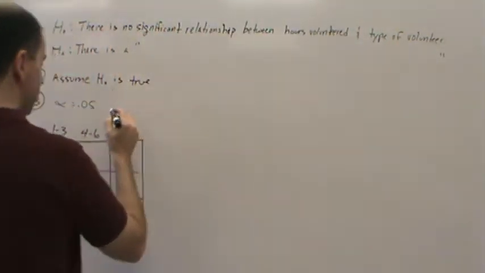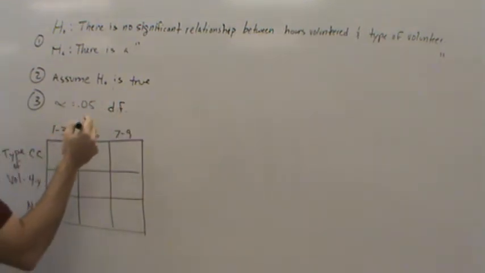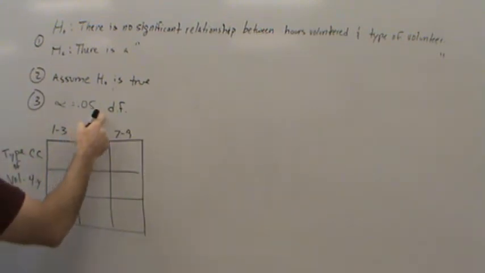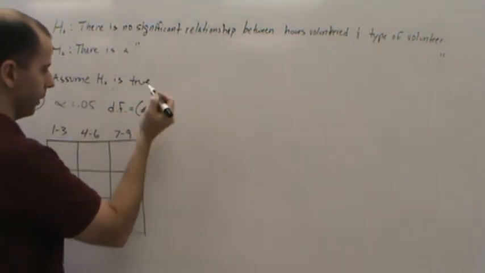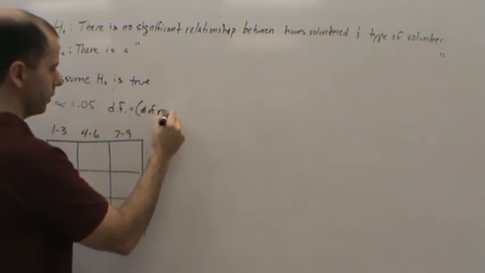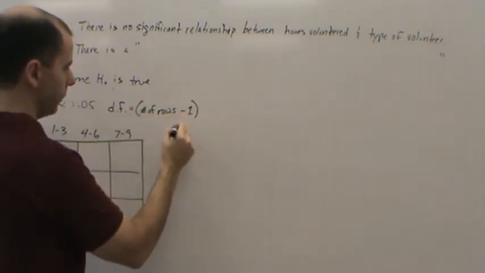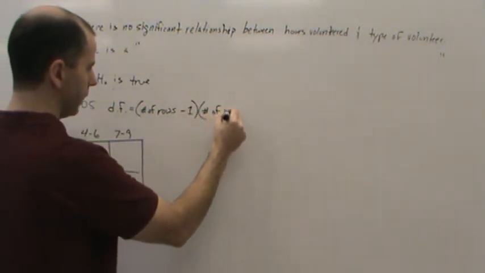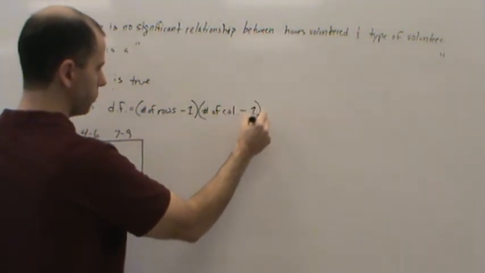In general, for the independence test, and for the next one, the test for homogeneity, the degrees of freedom are the number of rows minus 1 times the number of columns minus 1.